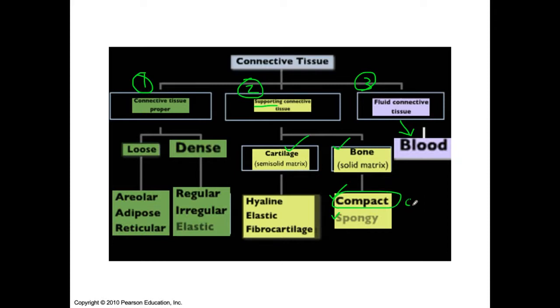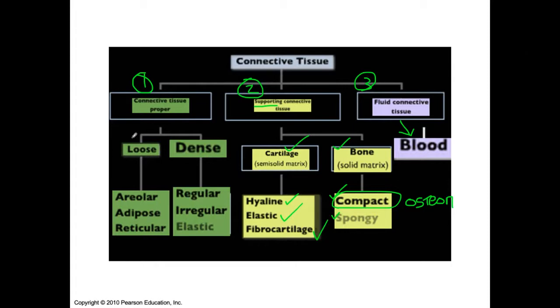When we talk about compact bone, we'll be talking about something referred to as an osteon, which under a microscope, the osteon looks like someone chopped down a tree where it has all those layers and layers and layers. Under cartilage, cartilage has three different flavors: hyaline cartilage, elastic cartilage, and fibrocartilage. So I'll break these down into more detail.